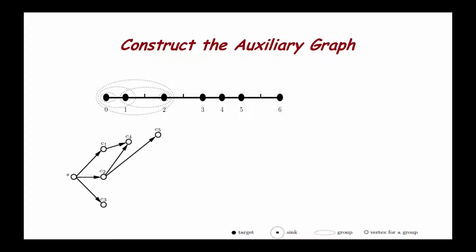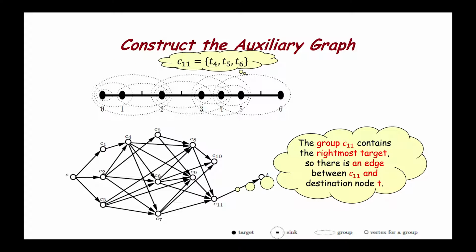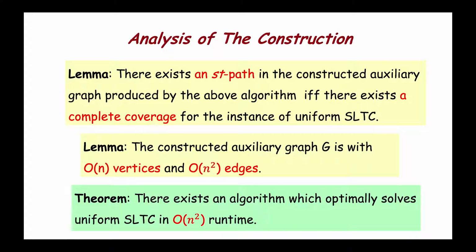And here's the fifth group, and here are the follow-up ones. Group C11 contains the rightmost target, so we add an edge between C11 and the destination node T. This completes the construction. We prove uniform SLTC can be optimally solved in O(n²) runtime.